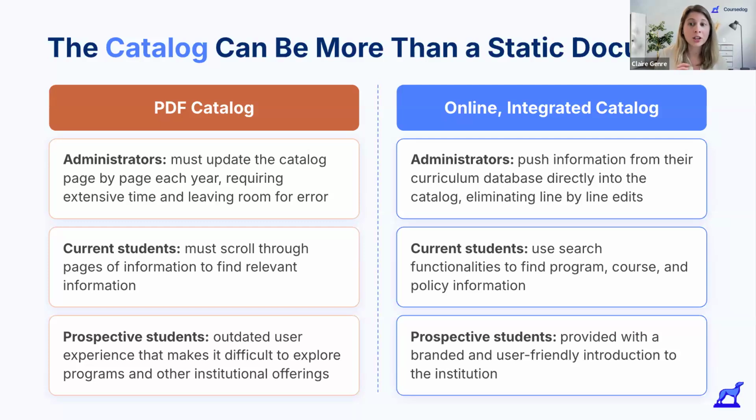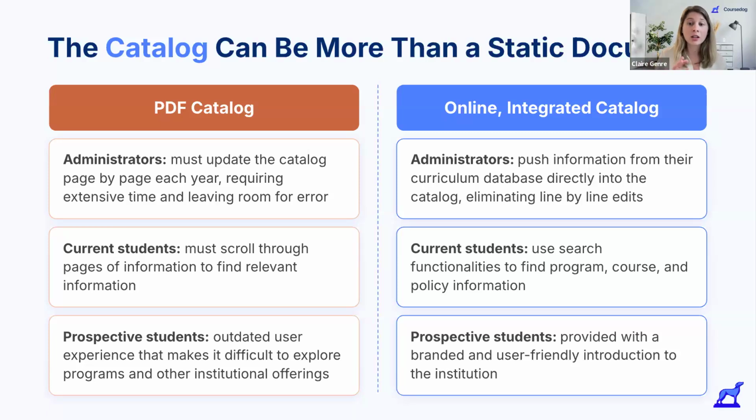This outdated technology often requires students to scroll through multiple pages of information and makes it really difficult and not intuitive for students to find exactly what they need to guide them either towards your institution or, once at your institution, through their degree and program requirements.